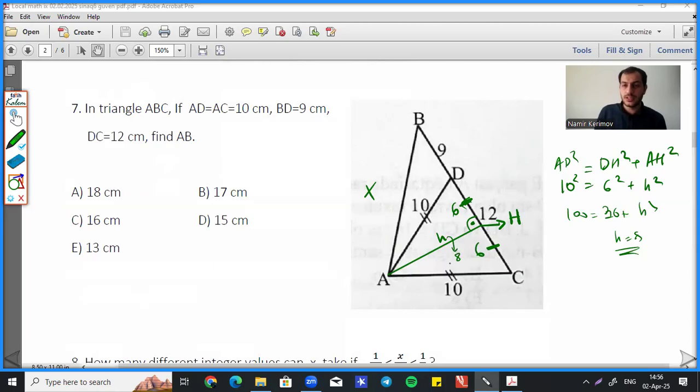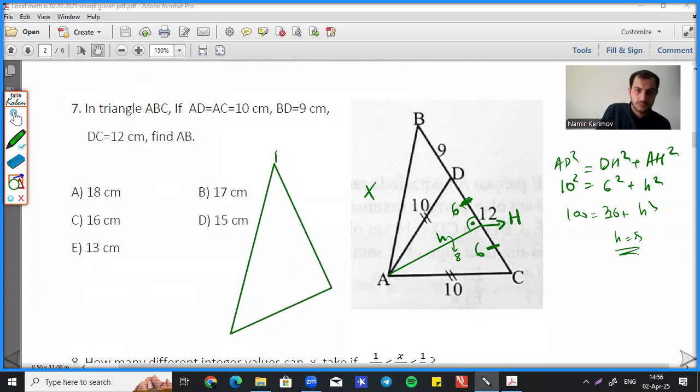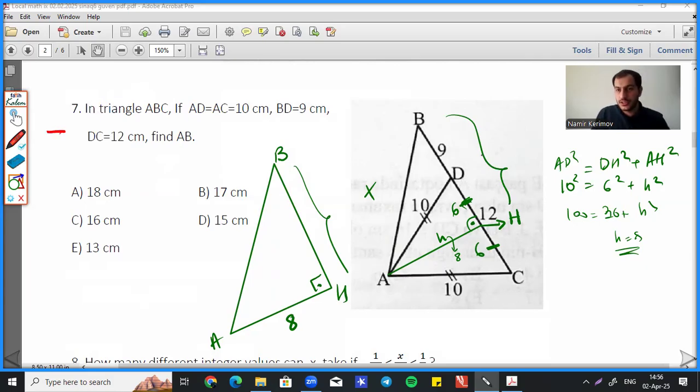So now we have a right triangle, AH, and that's side B, H, A, B. Again, if AH is 8, we can find the length of BH, which is the sum of BD, 9, and DH.